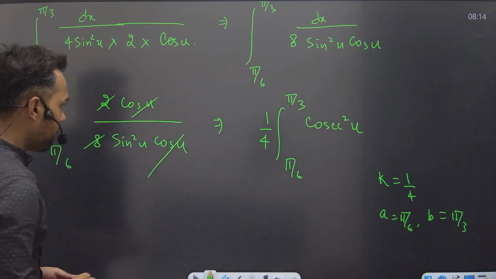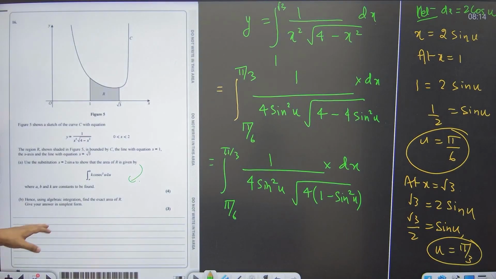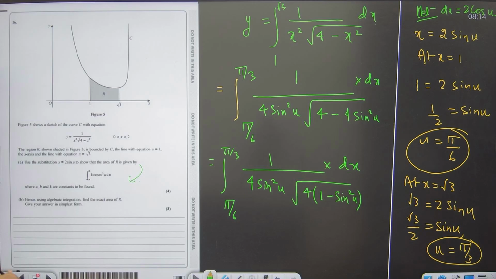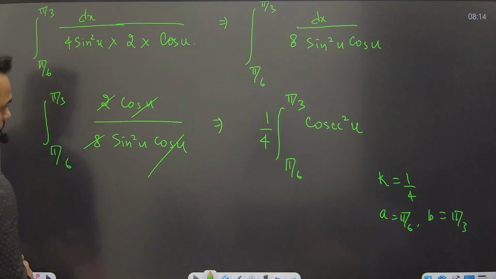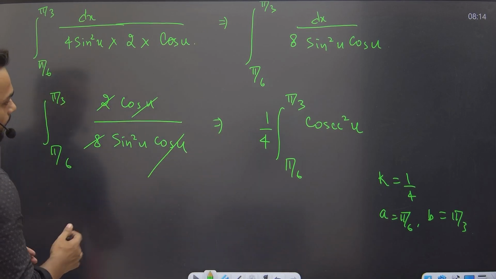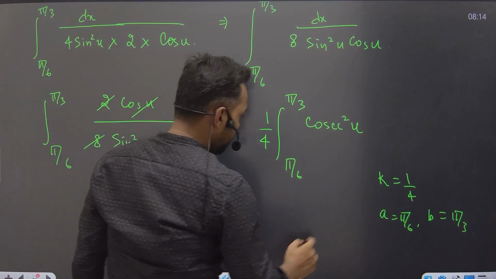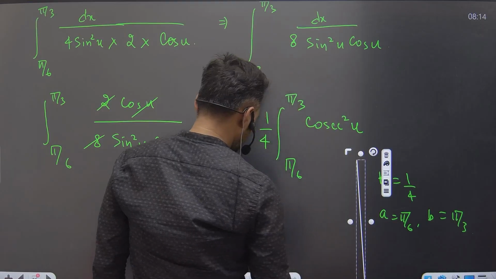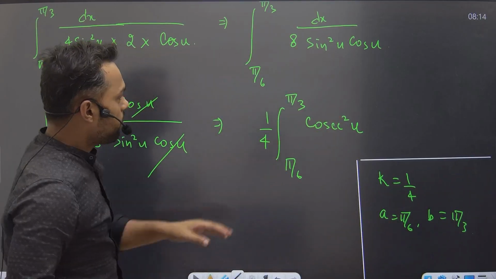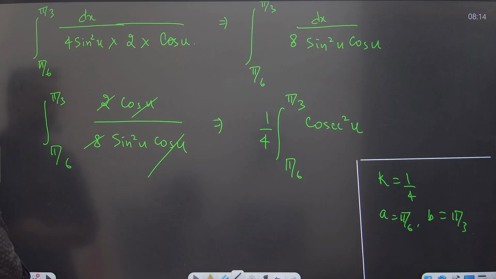Now again, they have asked: hence using algebraic integration, find the exact area of R and give your answer in the simplest form. We have got these values after comparison. We know that the integration of cosec square u is minus cot u.